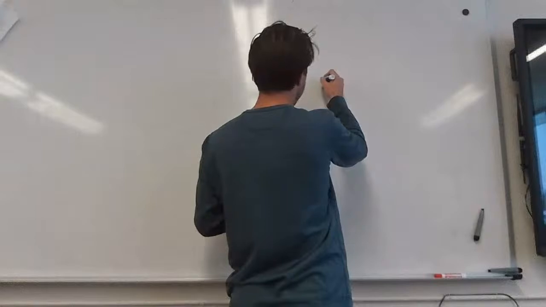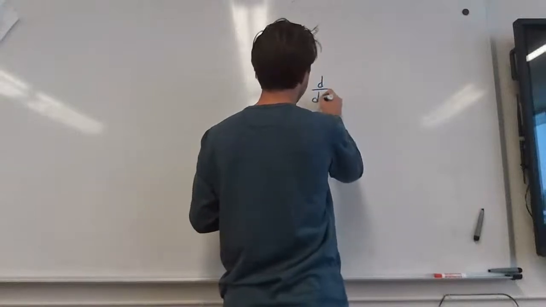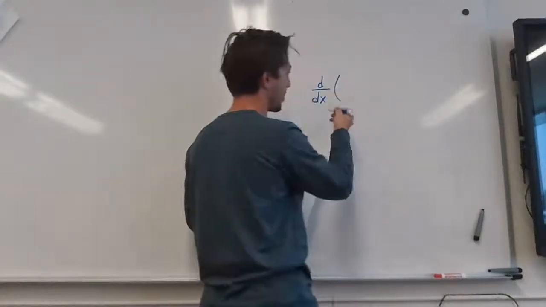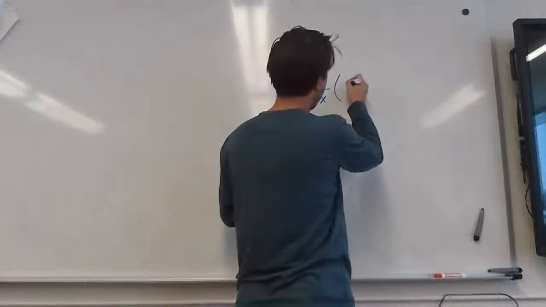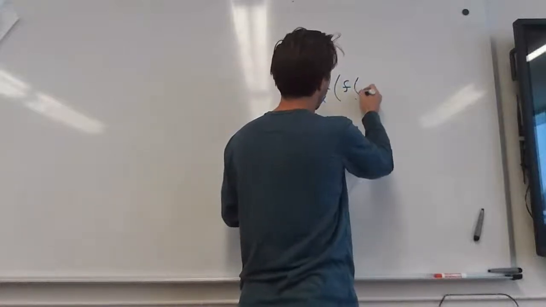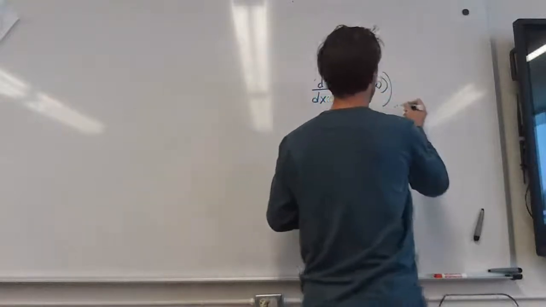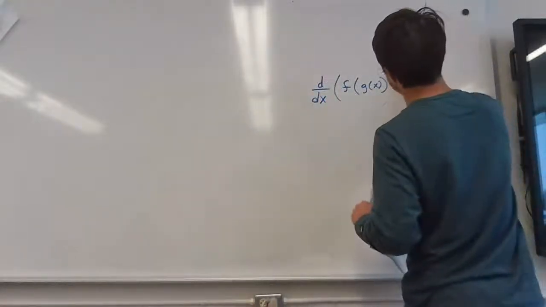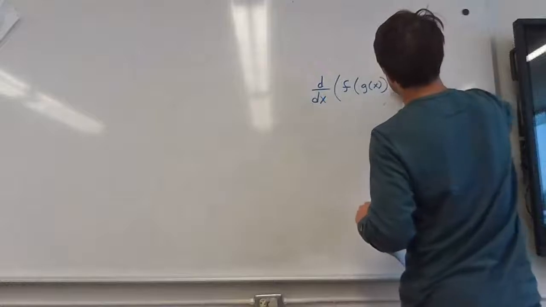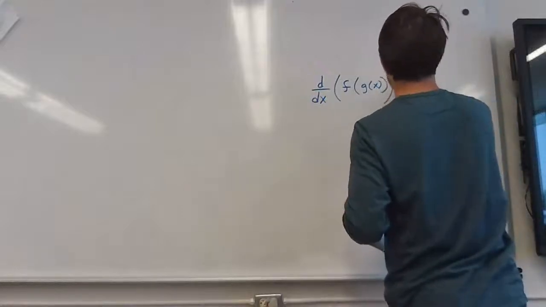So what's the derivative? I'm going to use F's and G's this time because with A's and B's it looks really weird. What if I had F of G of X? Gross, sorry. So a function inside a function.